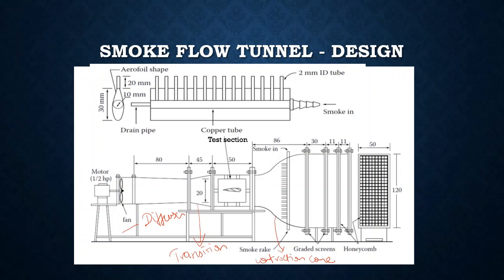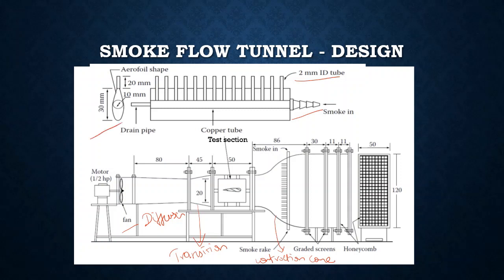And then at the top we have the smoke flow track. In the smoke flow track we have a smoke inlet with a variable area nozzle. So in this variable area nozzle you are feeding the smoke with the tube. Okay, and then we have smoke racks with a 2 mm inner diameter tube, and the length of the tube exposed is about 20 mm, and then the length of the airfoil is 30 mm, as you may all know.